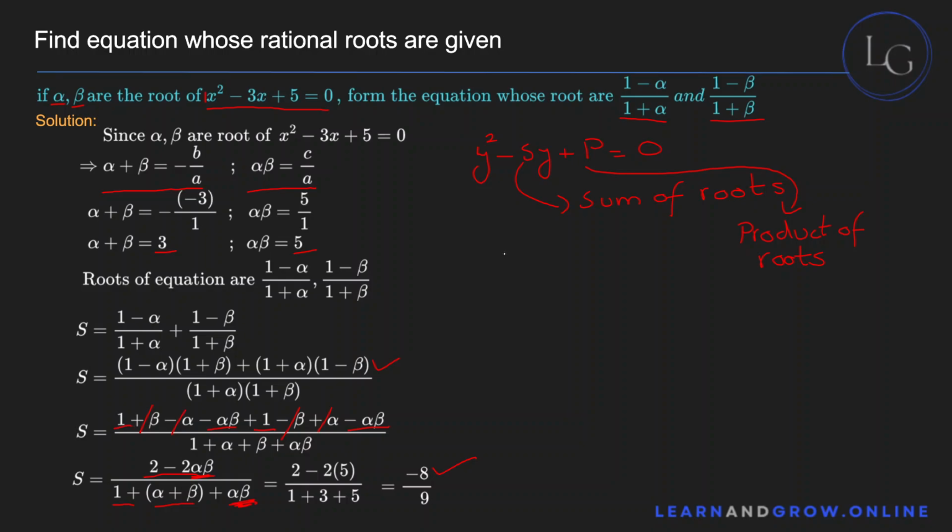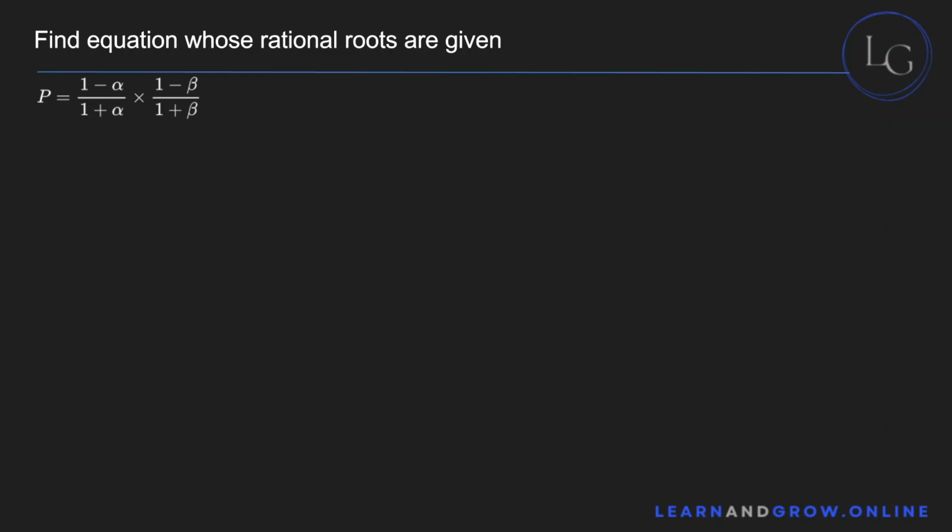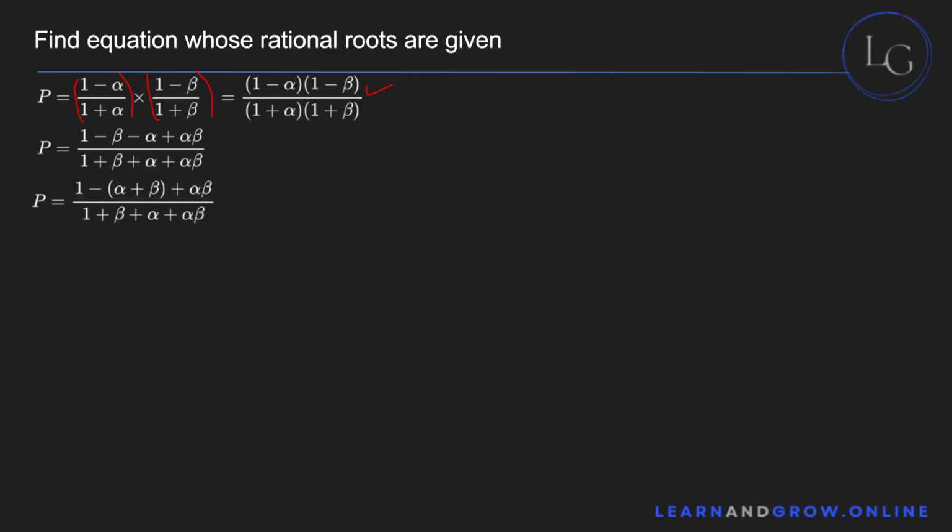Now we find this p, the product of roots. So you'll multiply these two and you'll get this term over here. Upon further multiplication and calculation, you'll see that it comes down to this. Now, this can be written down like this as well.